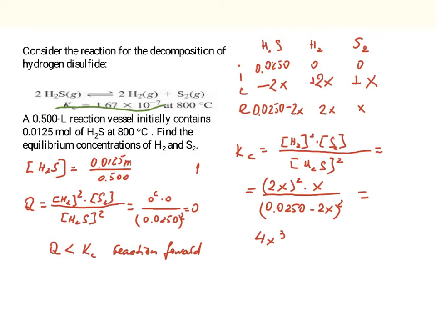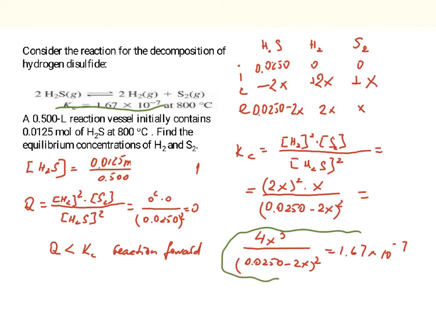4x cubed over 0.0250 minus 2x squared equals 1.67 times 10 to the power negative 7. This equation has to be solved for x.